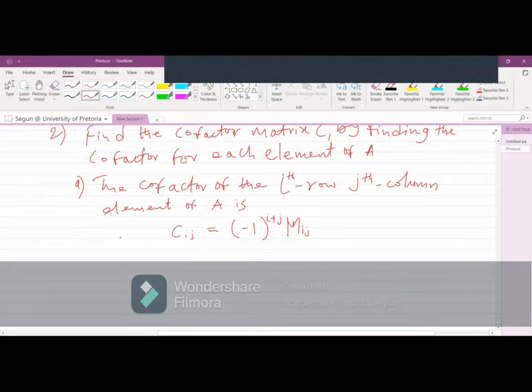Where your M is minor, that is Mij is equal to the minor matrix.